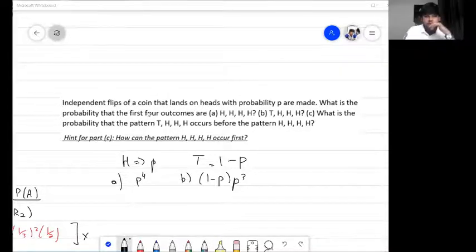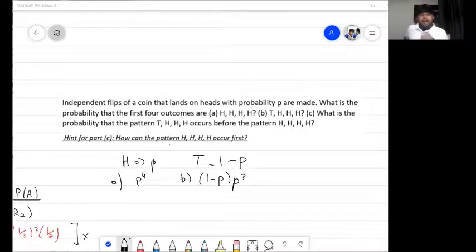The reason I've put this question here is because what they're asking you for is not a list of possible values or conditions that you can have. The question is only saying, what is the probability that the pattern THHH occurs before the pattern HHHH? What is its converse, or its complement statement?